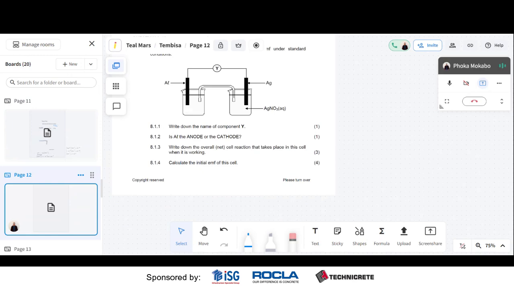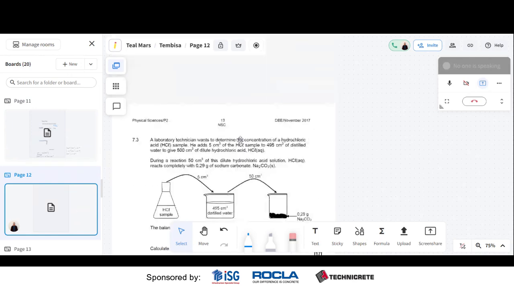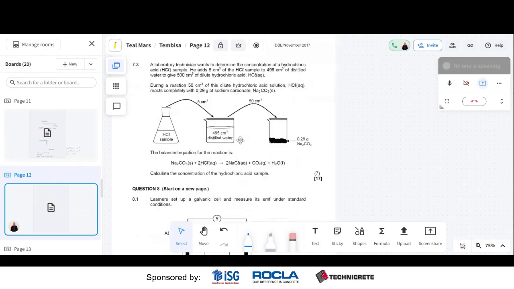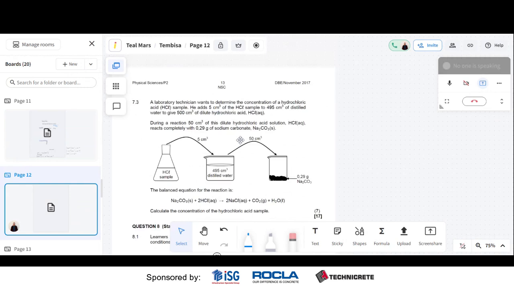We look at page 12. 7.3 is a titration question. Nope, I take that back.